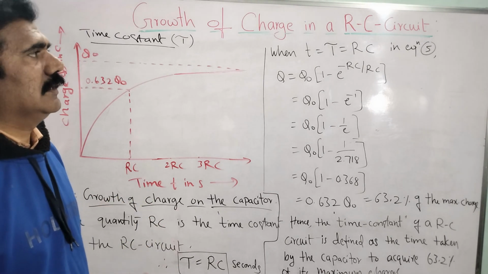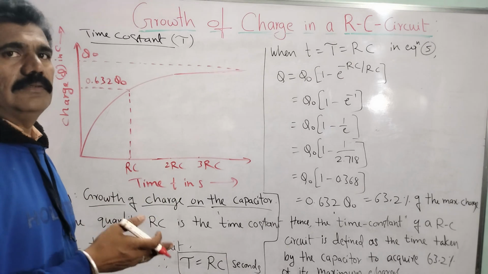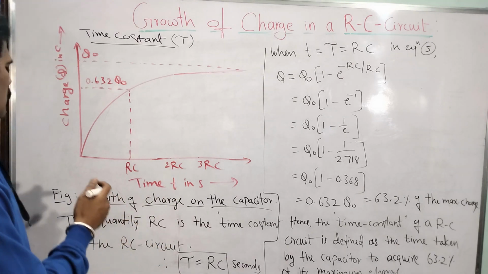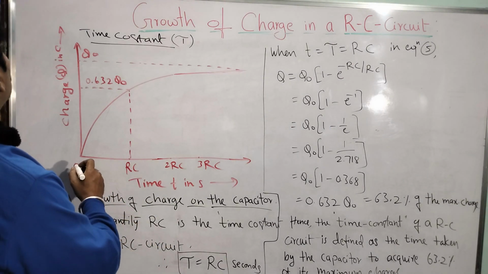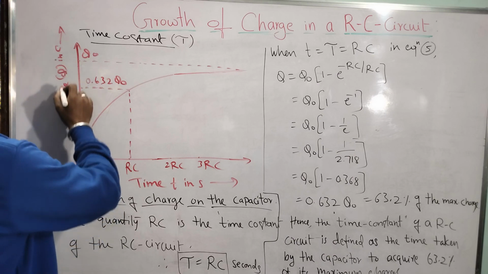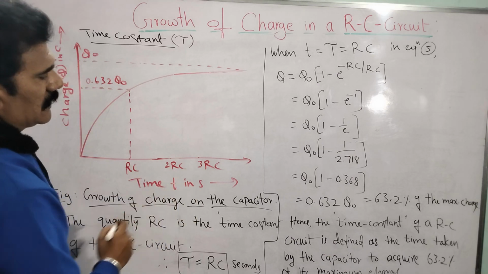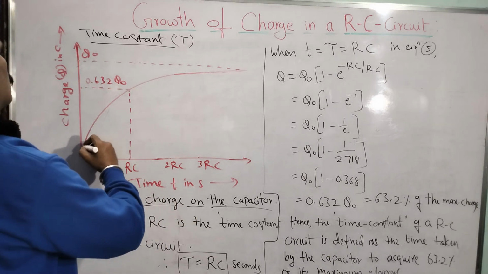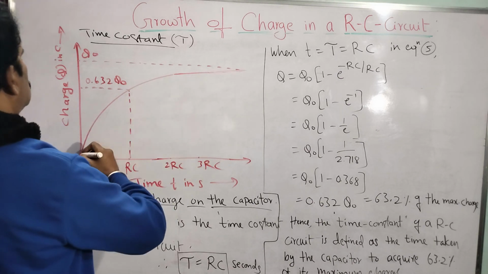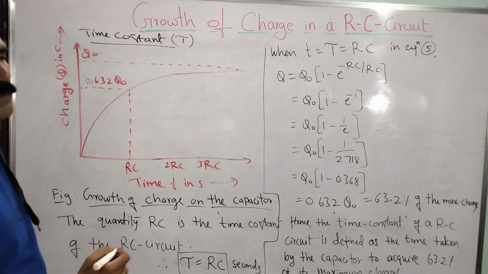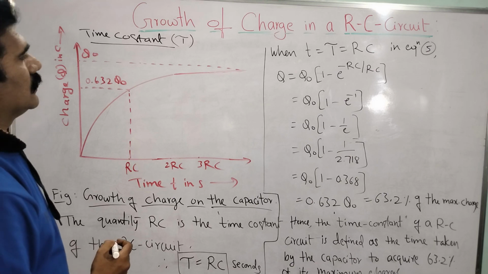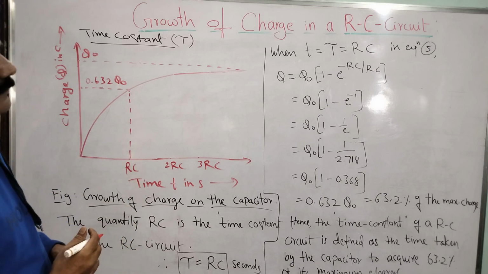And then the same thing you can obtain experimentally and prove how the charge is increasing. Charge is taken in coulombs with respect to time t in seconds. So this is the curve you will get experimentally. That means it is the exponential growth of the charge in the capacitor during charging of the capacitor.